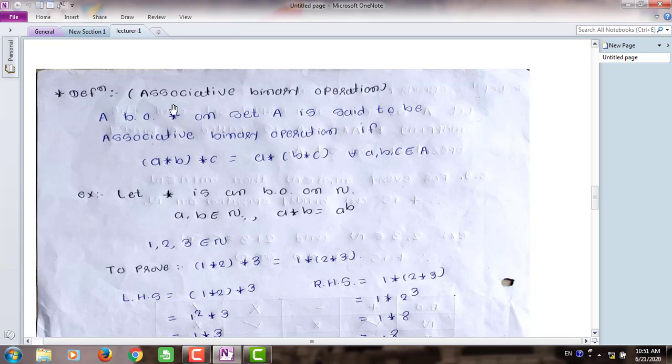The next definition is the associative binary operation.